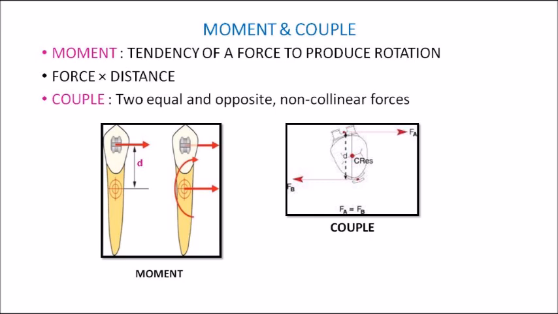We can see that there are two forces, FA and FB, which are acting in opposite directions, but are of equal magnitude. One is applied by a bracket placed on the buccal aspect, and the other is applied by an attachment placed on the lingual aspect. This tooth is rotated, so when you apply a couple to such a tooth, it will get properly aligned.